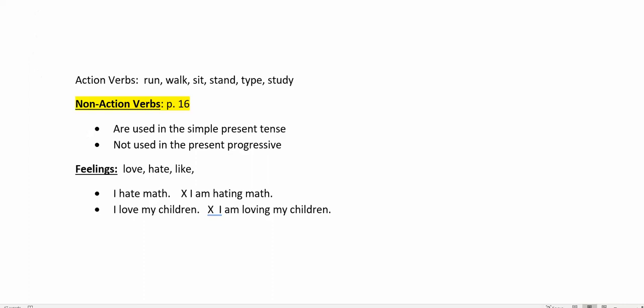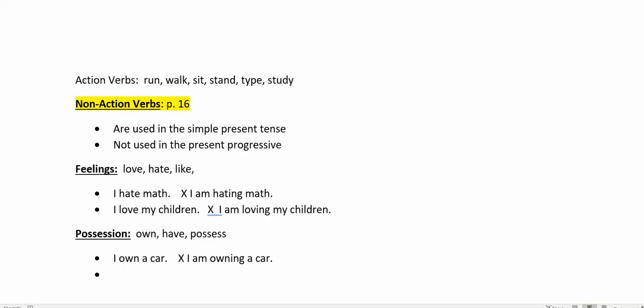All right, the next group is called possession. Examples of possession are like own, have, and even the word possess. For example, you would say, I own a car. You wouldn't say, I am owning a car.